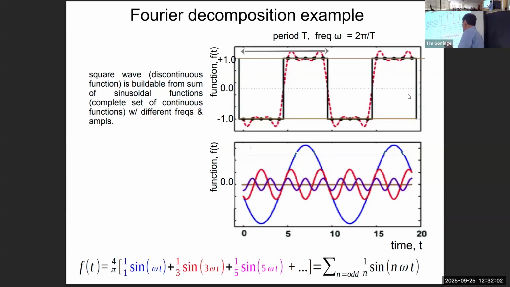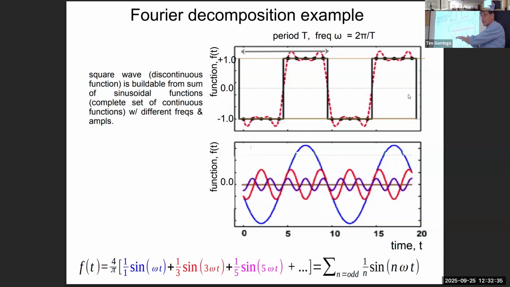This slide was just to illustrate what I mean by Fourier analysis or Fourier decomposition of some time series data. So in this slide, you could imagine it to be an electrical signal, or you could imagine it to be a more abstract signal, but this electrical or abstract signal in black is a square wave.